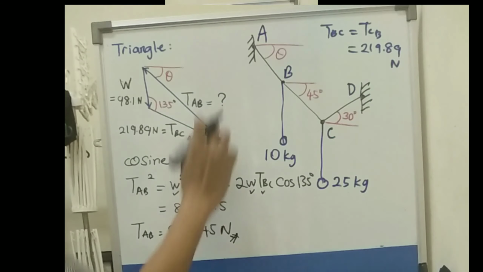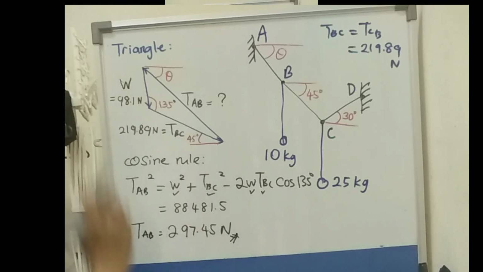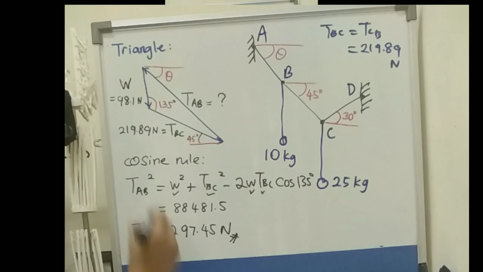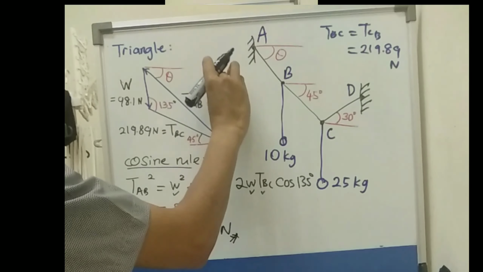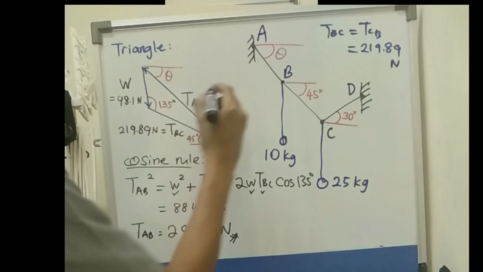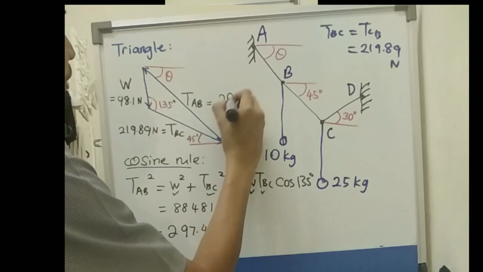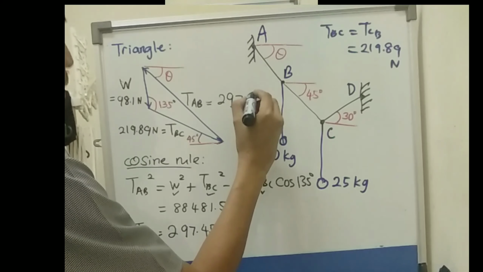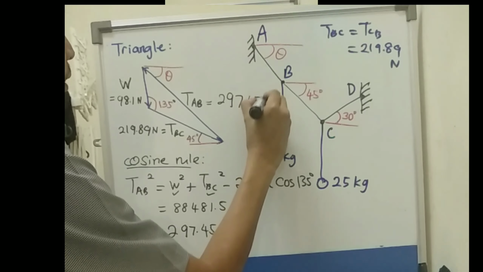So we have TAB, we have TBC, we have W. Now TAB we have 297.45 Newton.